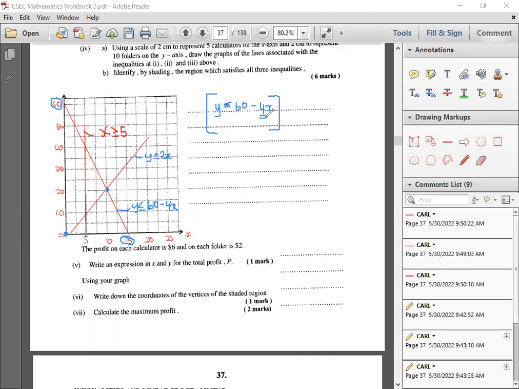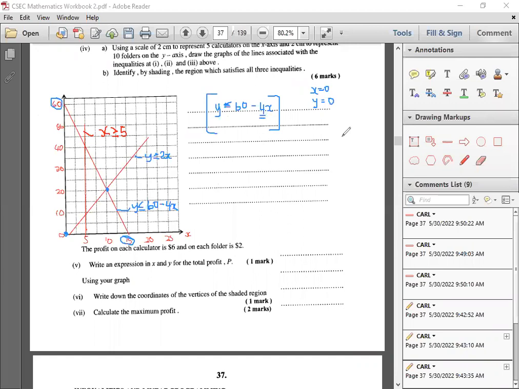You divide by the coefficient to get the x value. When y equals 0, you divide this number here by whatever coefficient that is here. And remember, you only need 2 points: when x equals 0, and when y equals 0. Those are the values that you need.